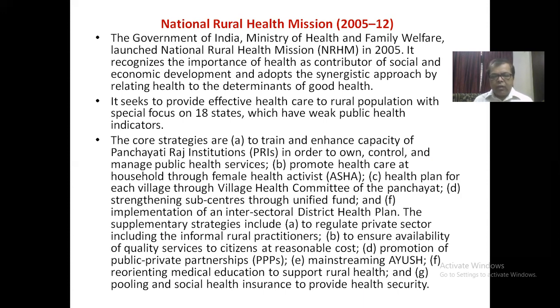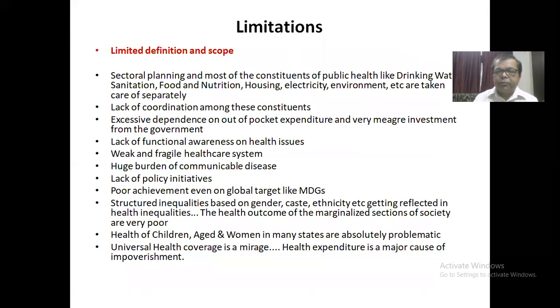Then strengthening the sub-centers through unified fund, and then implementation of intersectoral district health plan, then supplementary strategy, and several other things. It also talks about mainstreaming the Ayush program, right? As of today, we know that we have one specific ministry related to Ayush, and there are several colleges. We have already talked about this when talking about medical pluralism in the Indian context.